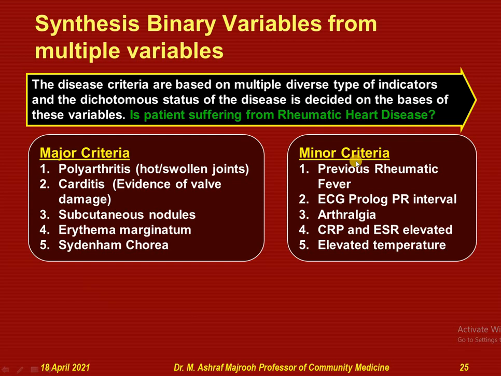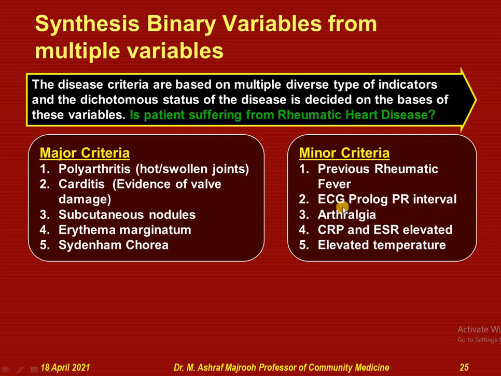On the other hand, Jones minor criteria are also in the database. That is the previous rheumatic fever history, ECG prolonged PR interval, arthralgia, CRP and ESR, and elevated temperature.